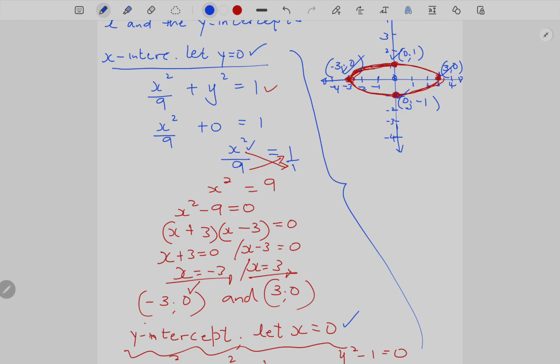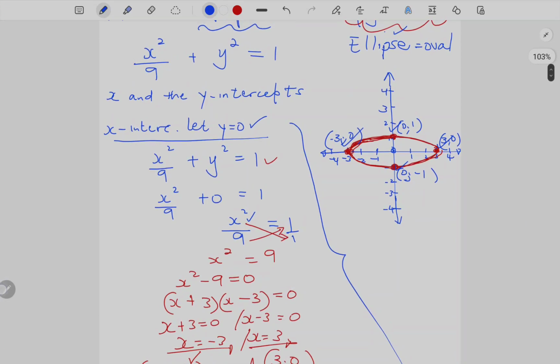What is this graph? This graph was given as x squared over 9 plus y squared is equal to 1.